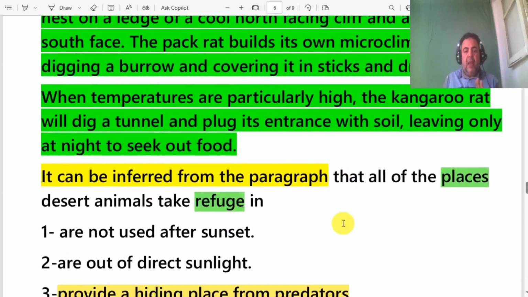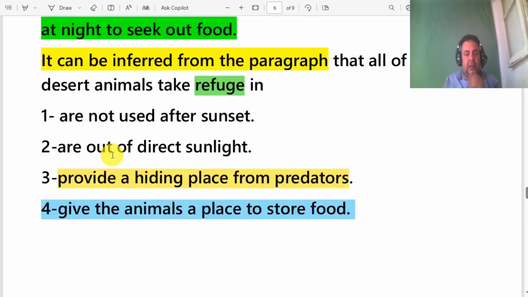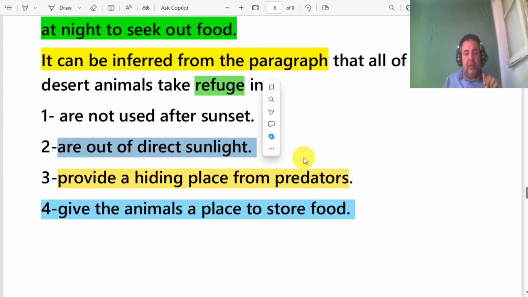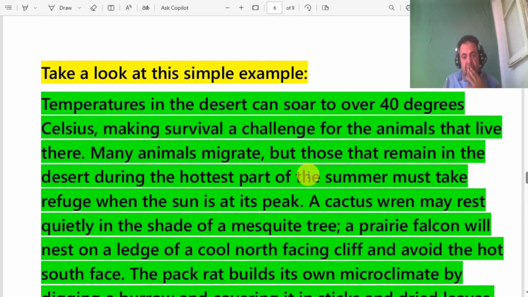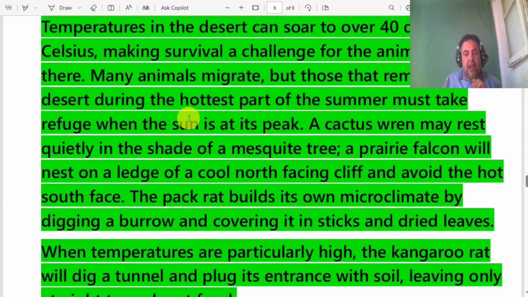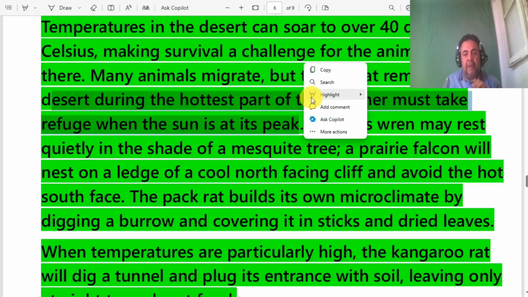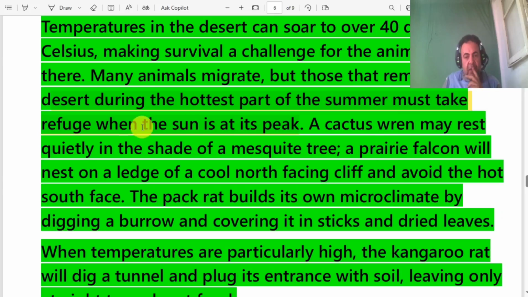Okay, so now we have two choices. Number one, are not used after sunset, and number two, are out of direct sunlight. Let's search for which of them. If you focus more here for the answer, he says that during the hottest part of the summer animals must take refuge. This point is very important.